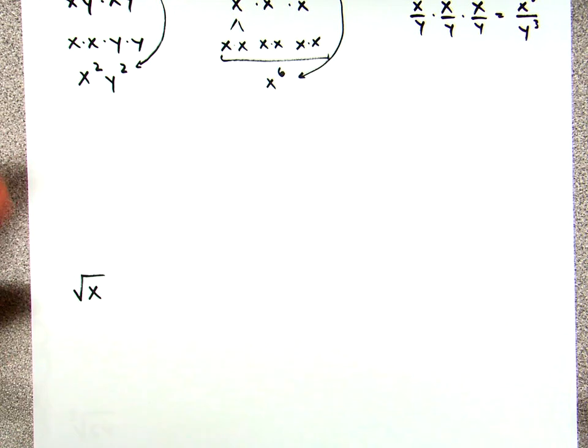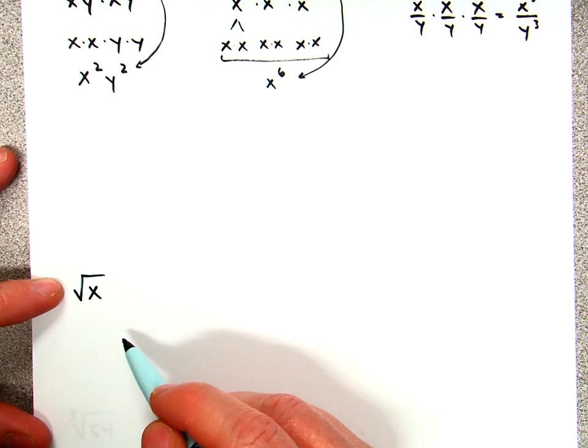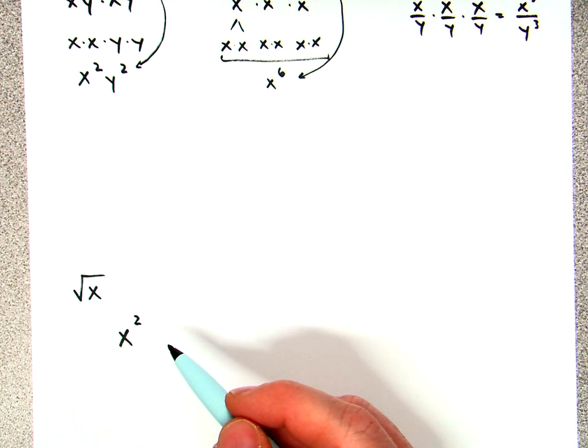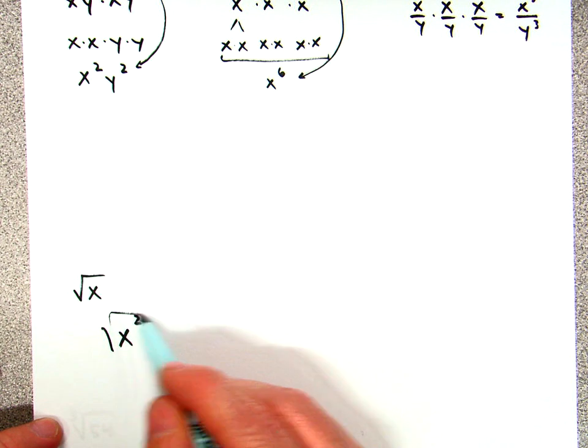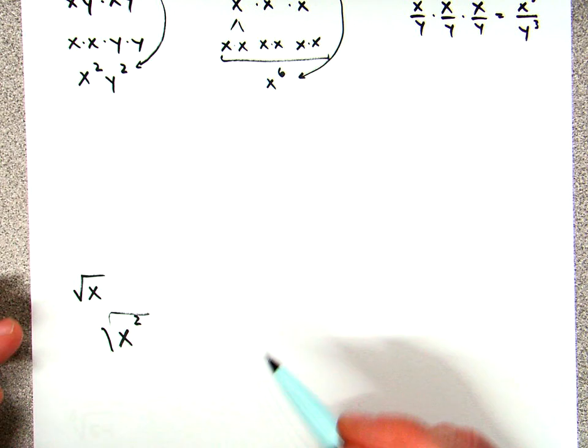So I think in general, a lot of people realize that if we had an x squared value, and we square rooted the x squared value, they would cancel one another. I think this is something that a lot of people are familiar with.